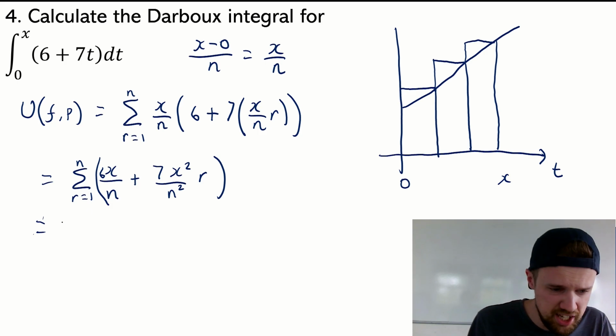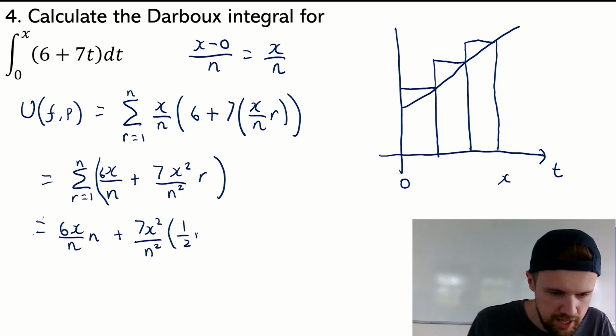We're going to end up with 6x over n times n, and 7x squared over n squared times 1/2 n plus 1.